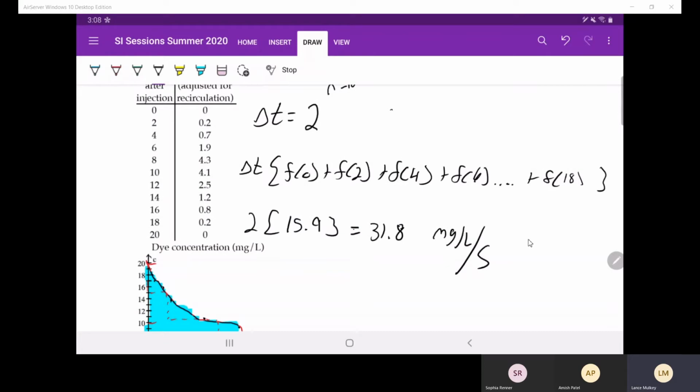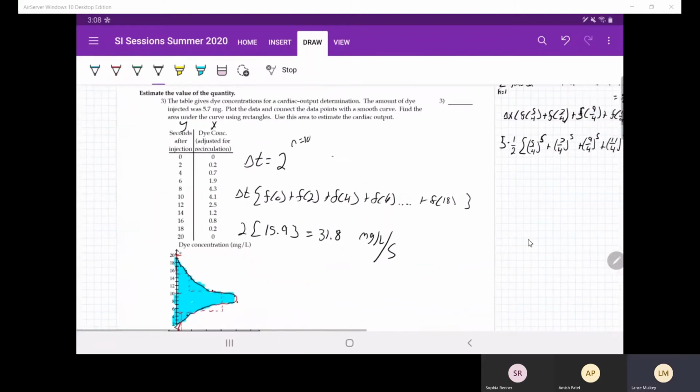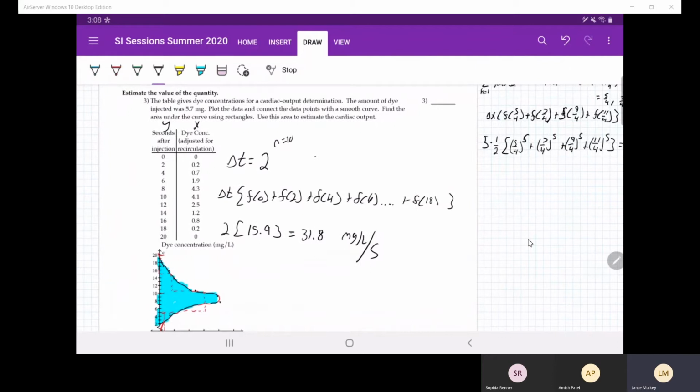Did y'all figure out how to do this one? Sophia? These quizzes don't make sense. Is this test better than the quizzes? I'm about to just go on, because this doesn't make sense.